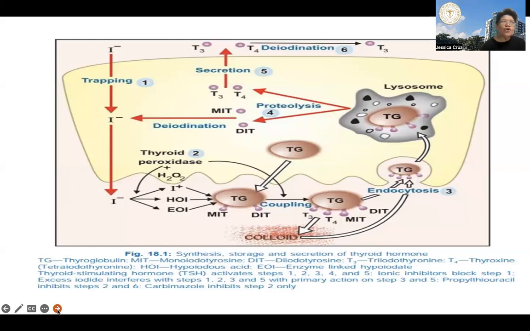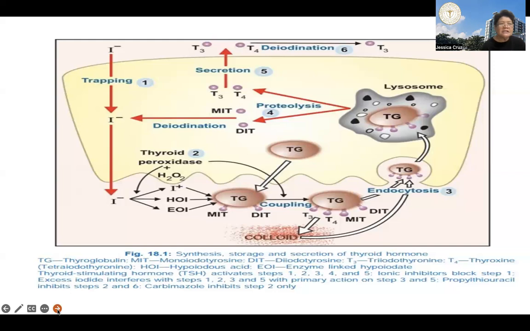Now, two molecules of DIT will make up levothyroxine, while one molecule of MIT and one molecule of DIT will form your triiodothyronine or T3. Okay. Now, thyroxine, T4, T3, MIT, and DIT are released from the thyroglobulin molecule through a process of exocytosis, and there is now proteolysis at the apical colloid border, the border of the apical membrane.